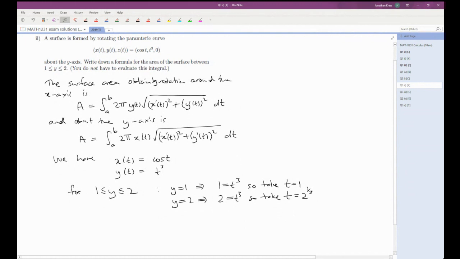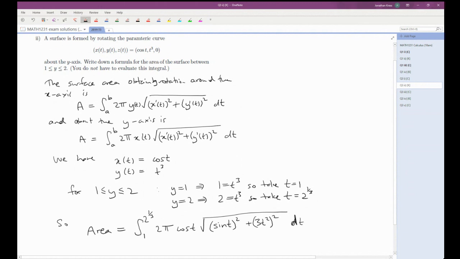Okay, now we just have to write down the formula. So the area is the integral from 1 to the cube root of 2 of 2 pi times cos t, since x of t is cos t, times the square root of the derivative of cos t, which is sine t, all squared, plus the derivative of t cubed, which is 3t squared, all squared.